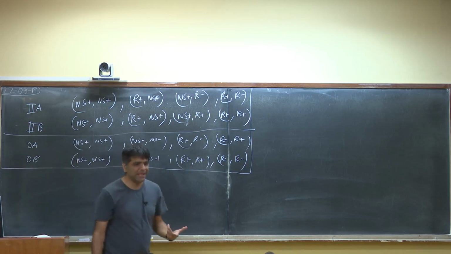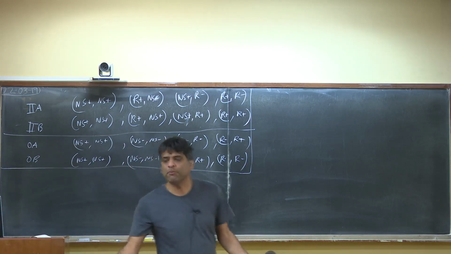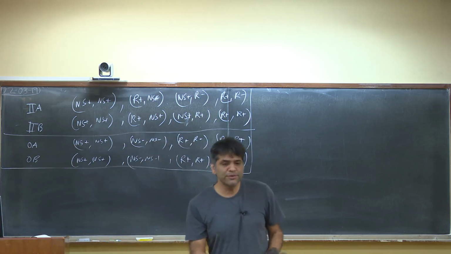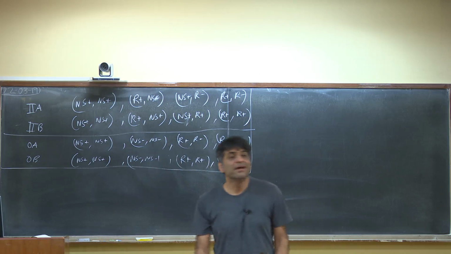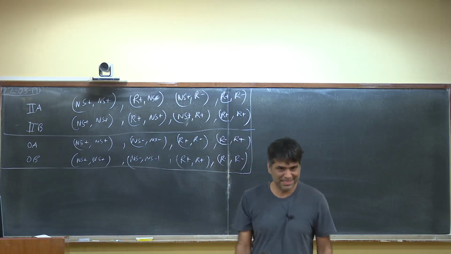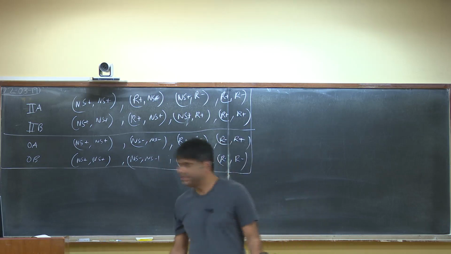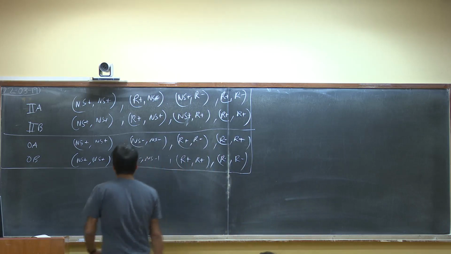In the last class, we had used some naive input from modular invariance. The first thing we're going to do in this class is to restudy the question of modular invariance.